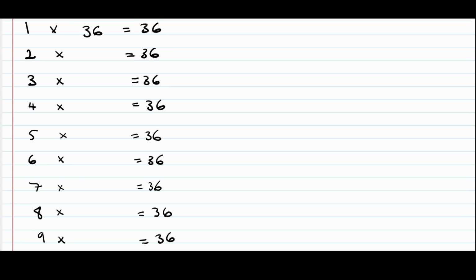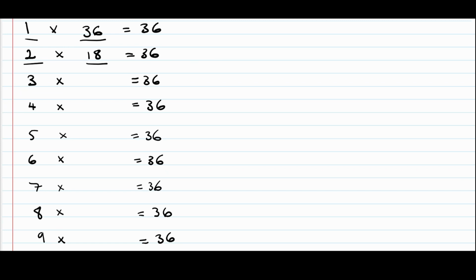So we've immediately identified a factor pair. 1 and 36 are a factor pair of 36. Okay? The next thing, let's move on to the next number. If we go to 2, 2 times something gives you 36. To find that out, we do 36 divided by 2, which is 18. Again, we've just identified another factor pair, 2 and 18.